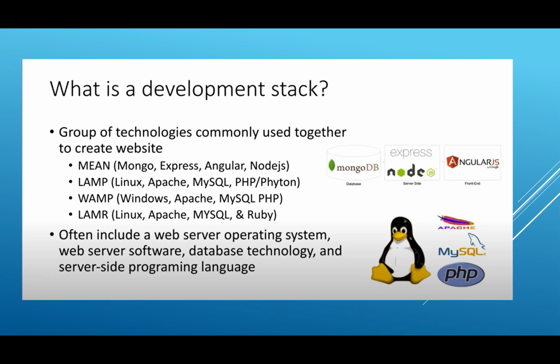So when we talk about a web development stack, it can mean different things to different people, but generally the common definition includes the web server, operating system, some web server software, a database, and then some server-side programming. These are just some of the development stacks that you can use.